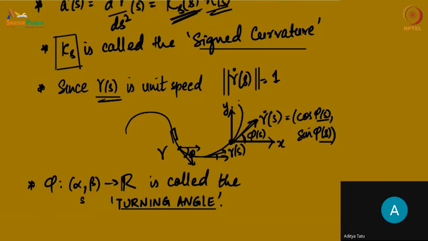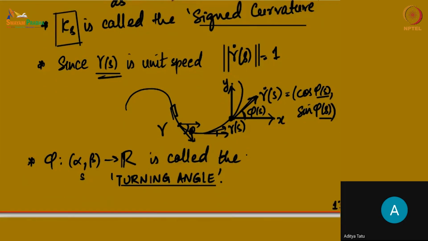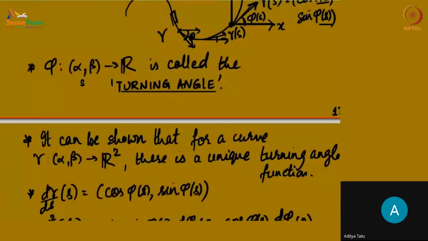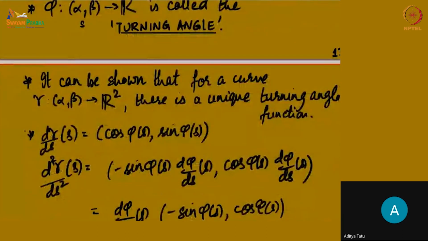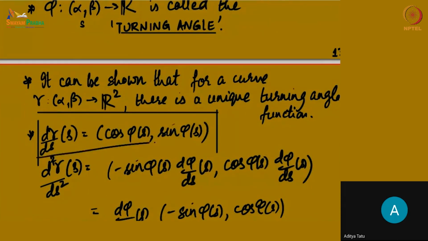That is basically the intuition behind turning angle. So this basically implies that at every point on the curve, the velocity vector, since I'm using a unit speed curve, can be written as cos phi s and sin phi s.